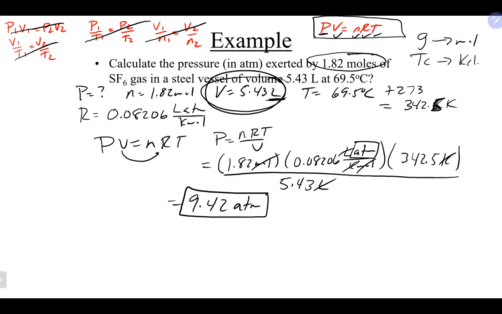Like you collected your gas in lab, you collect it a lot of times in milliliters, so milliliters to liters is a very common conversion that you need to do when you're doing the ideal gas law. So a reminder, 1,000 milliliters equals 1 liter, right? So those three conversions are very common ones that you have to do when you're doing ideal gas law. Any questions on that there?